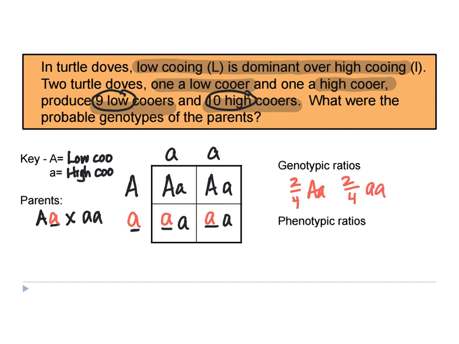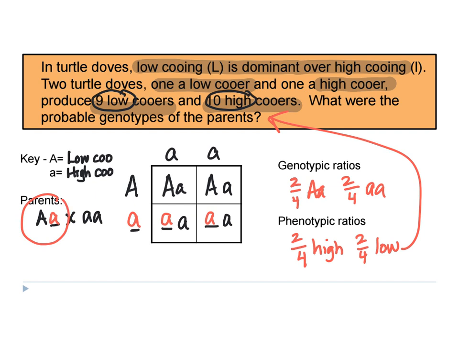And my phenotypic ratios based on that are 2 out of 4 high cooer and 2 out of 4 low cooer. And although this is not exactly like the actual numbers in the problem, they are close enough to justify that this is the parental genotype.